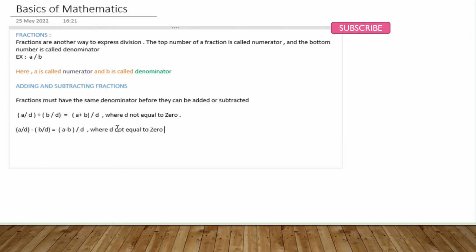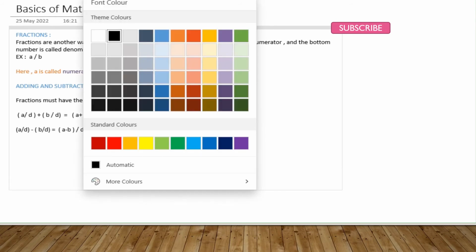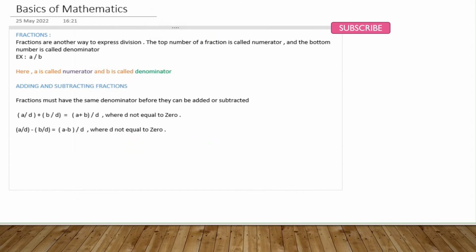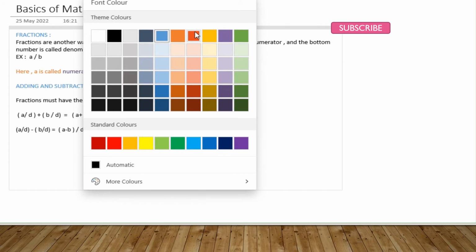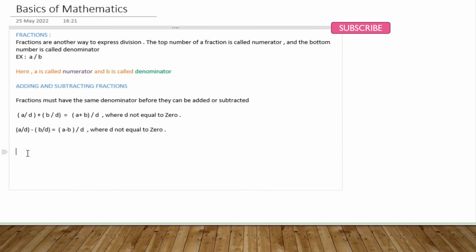This is about adding and subtracting fractions. I can clearly explain this by taking examples of numbers. By taking digits, I am going to explain examples.